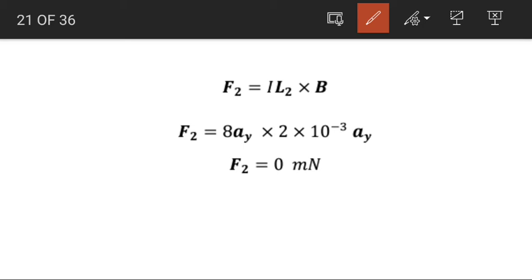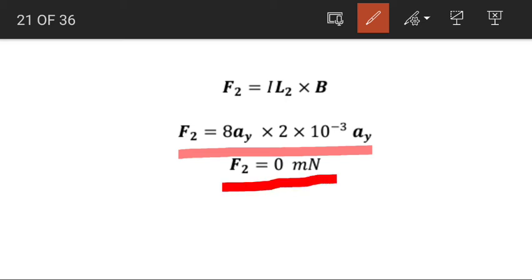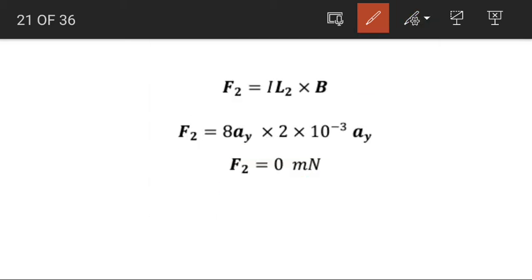So the force on this side of the current carrying loop will be equal to 8 AY cross 2 into 10 raised to power minus 3 AY, as AY cross AY results in 0, so the force on this side will be 0.